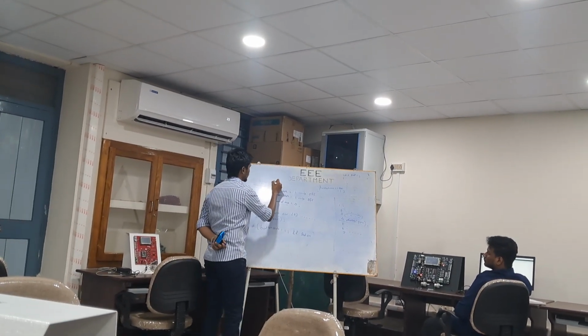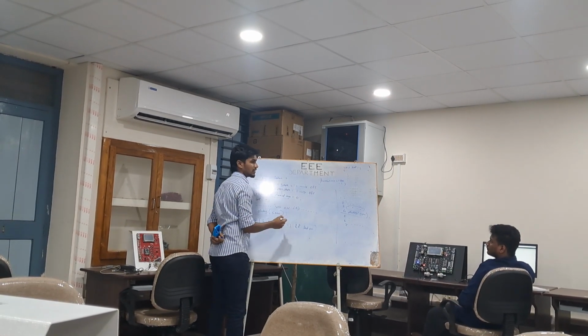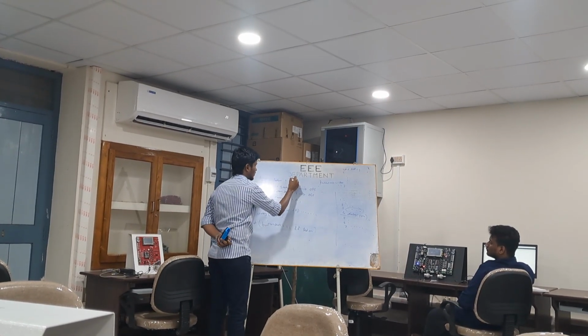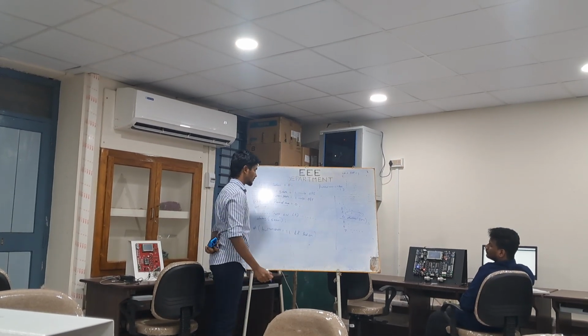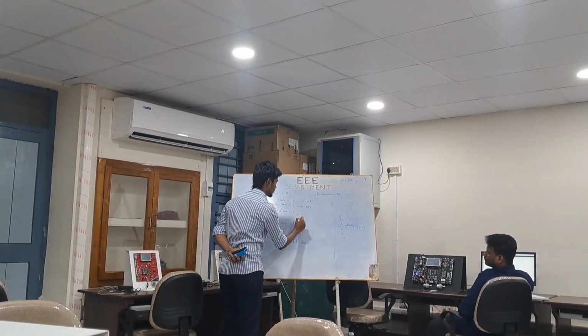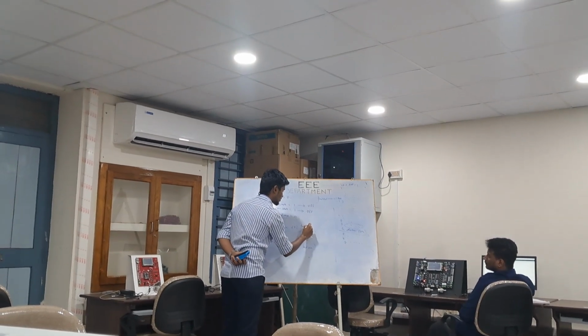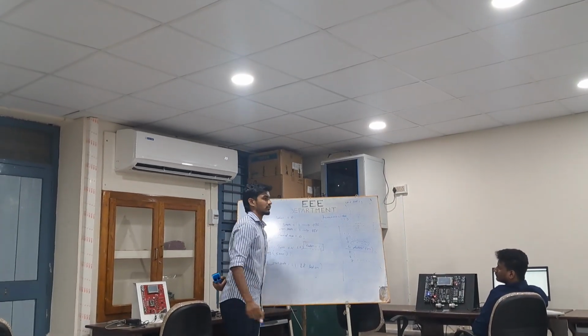Boolean LED on is equal to 0 initially. Here we turn on the LED, correct? So at that same place we set LED on is equal to 1. Why? That is called a flag.